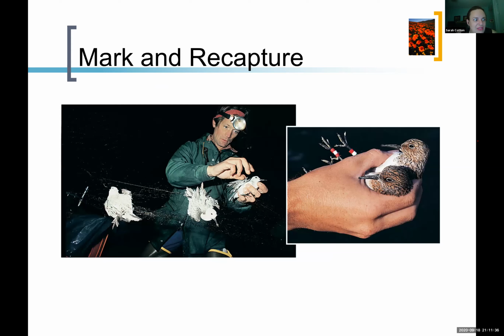Another way that we can manage animals that tend to move a lot, and also don't really want us to count them, is a technique called mark and recapture. And so this is a good one. These little birds are being captured in a device called a mist net. You almost can't see it in the picture because that's what they look like.